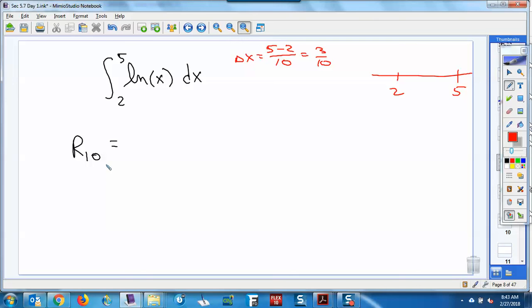That's our goal here: write a sigma that would represent adding up 10 right rectangles, from 2 to 5. So what would be the next one over? 2 3/10. Here we have to make a decision. Do we want to write that as 2 3/10 or 23/10? Totally up to you. I don't care how you do it. I would write the next one as 2 6/10. I would not reduce that. And then what would the last one be if we write it as a mixed number?